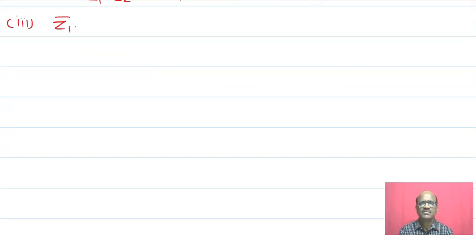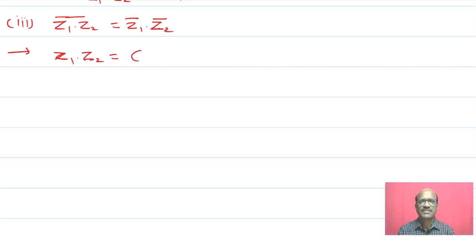Now third, the conjugate of z1 into z2 is equal to z1 bar dot z2 bar. Now again find out the multiplication: 1 plus i into 2 minus 3i.